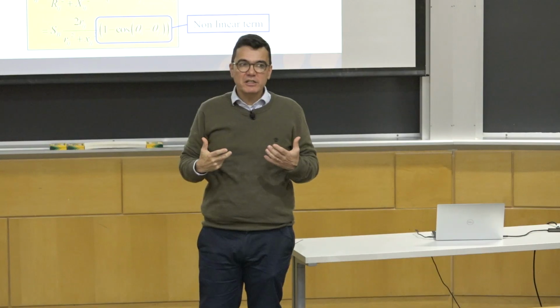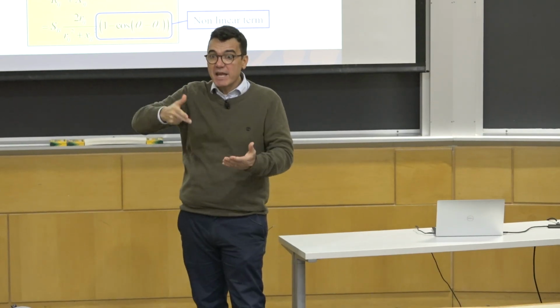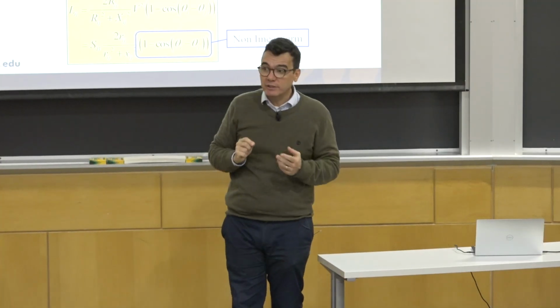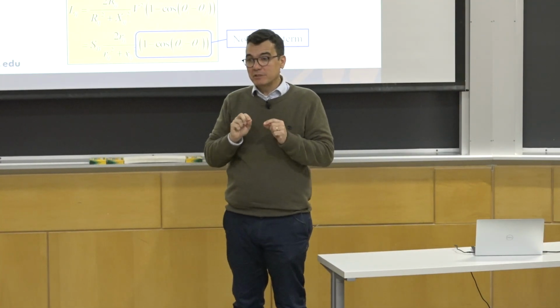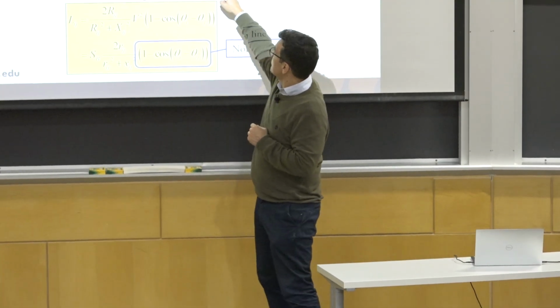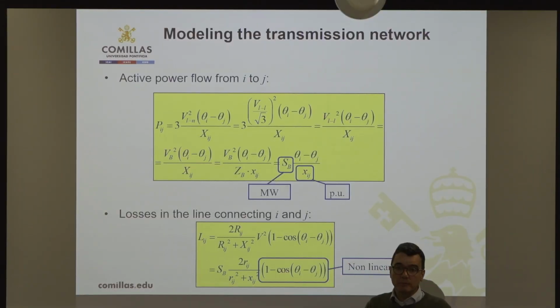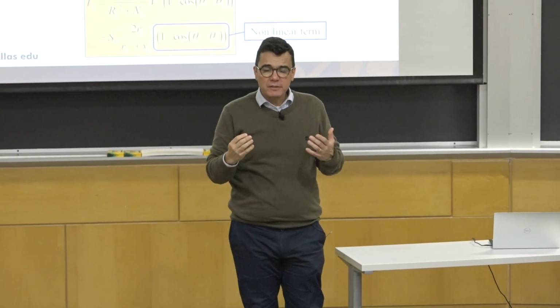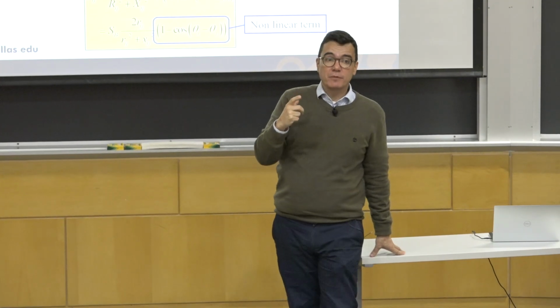How do electrical engineers deal with this variety of different voltage levels? We use what we call the per unit system. This is why some of the magnitudes are expressed directly in PU, per unit, which is like working in relative terms.